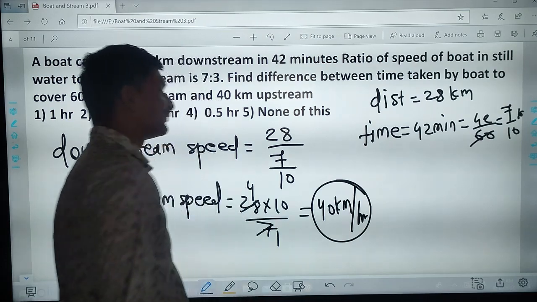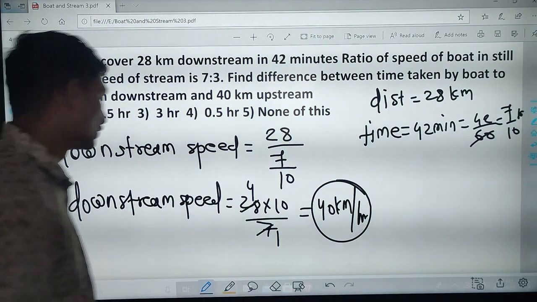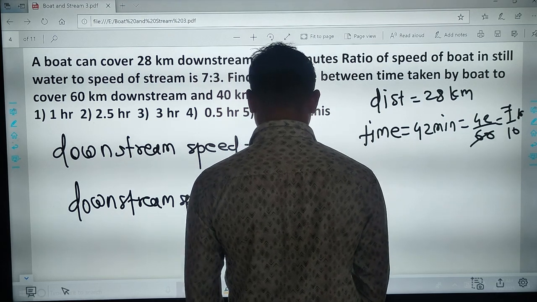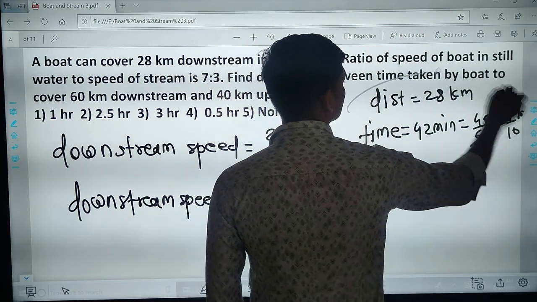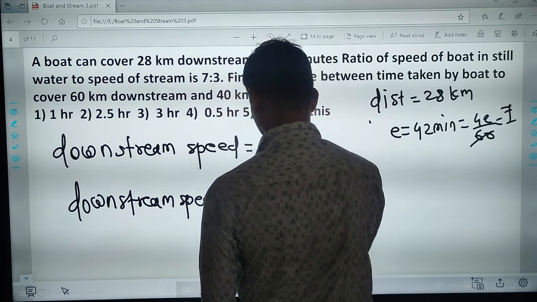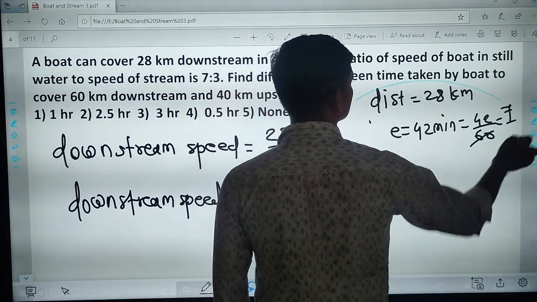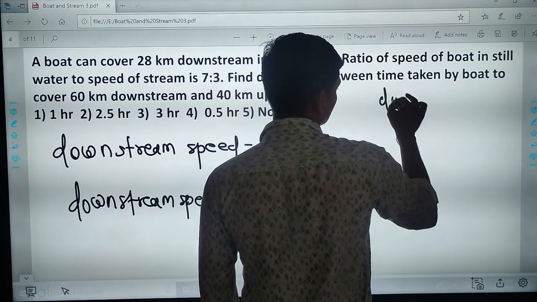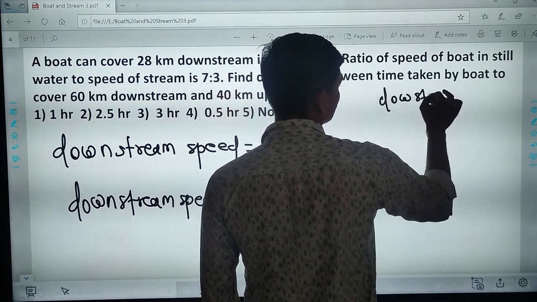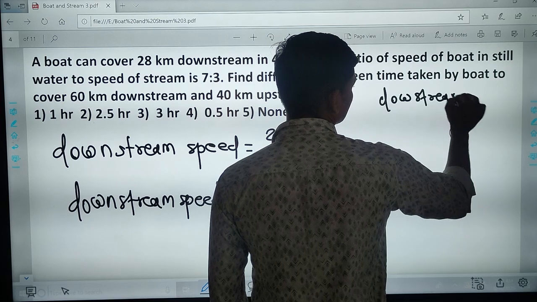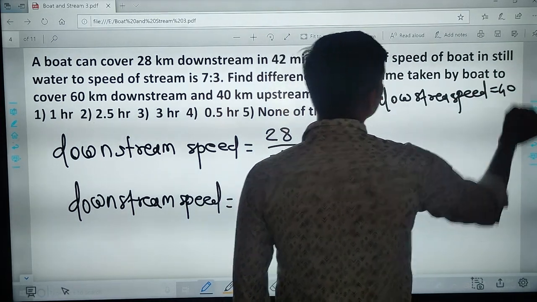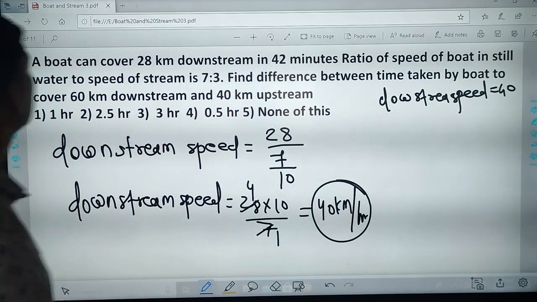Then your downstream speed is 40 km per hour.